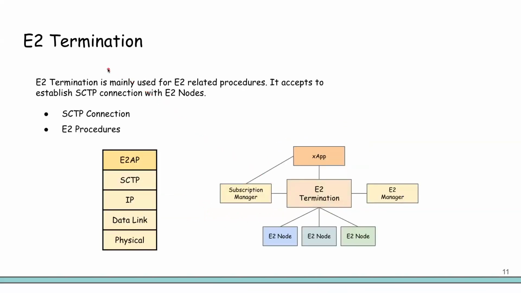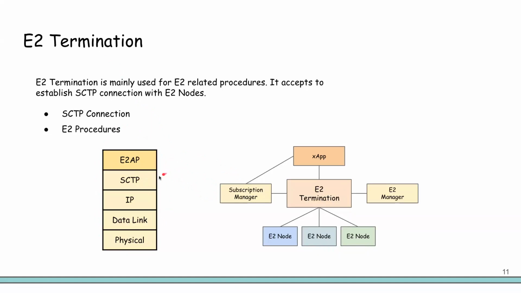Okay, so next is the E2 termination. As you can see, there is an E2 interface defined by ORAN, right? So how does this E2 interface work? ORAN defines this E2 interface with this protocol stack.